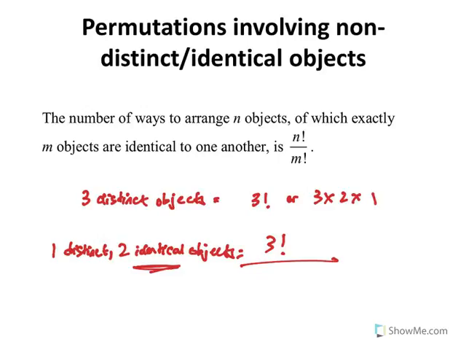All we need to do is divide by 2 factorial. In general, the number of ways to arrange n objects, of which 2 objects are identical to each other, is n factorial over 2 factorial. In our case, you can see this is just 3.